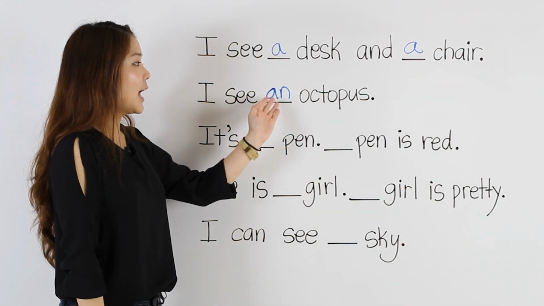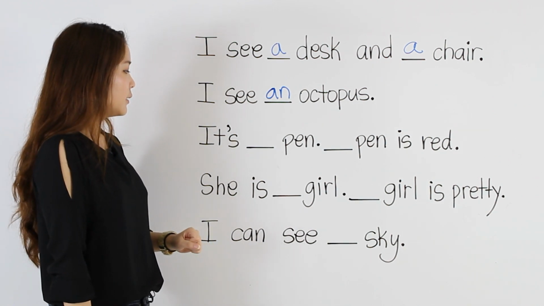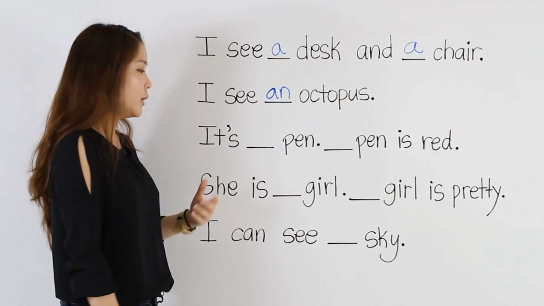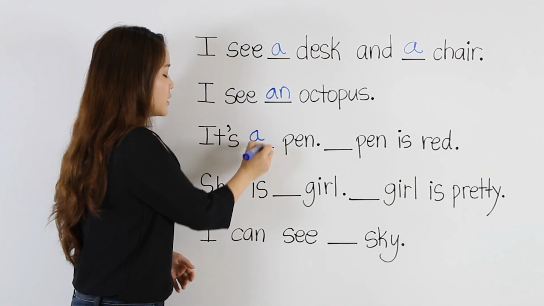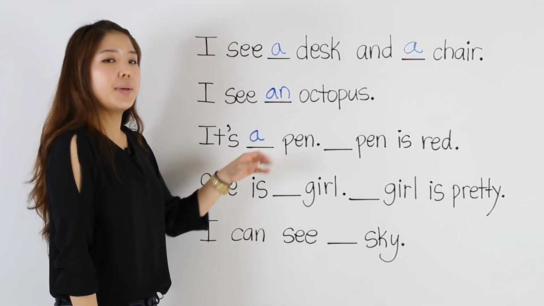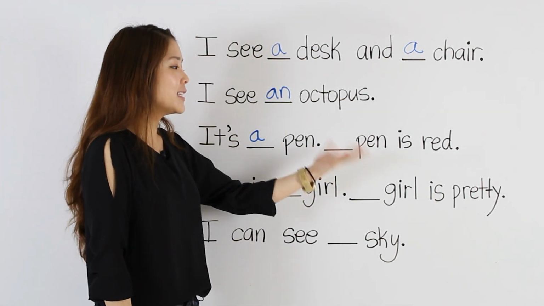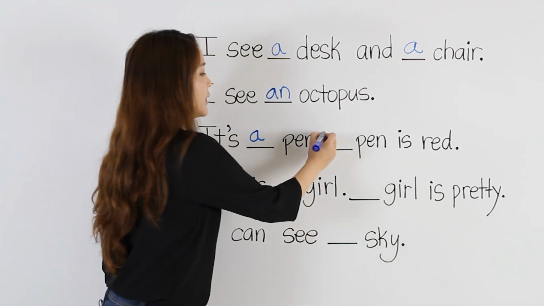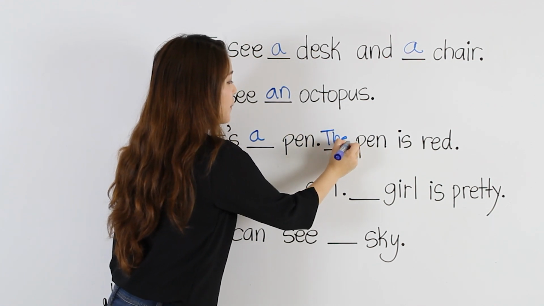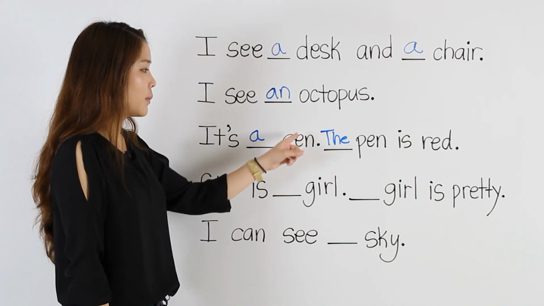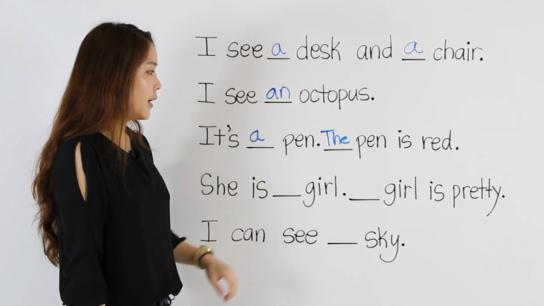I see an octopus. Okay, the next one, it's pen. It's the same. It's the first time, so I say a pen. Now, I'm talking about the pen for the second time, so I say the pen is red. Okay, I'm talking about this one, so I say the.